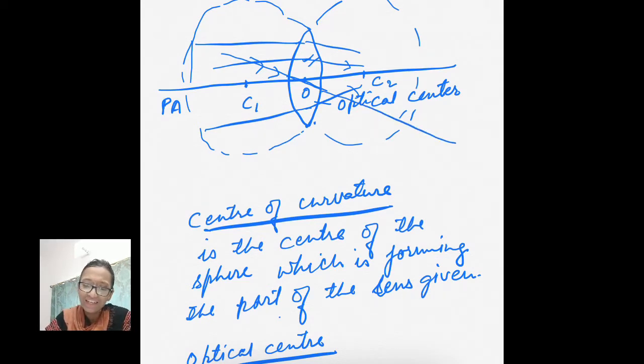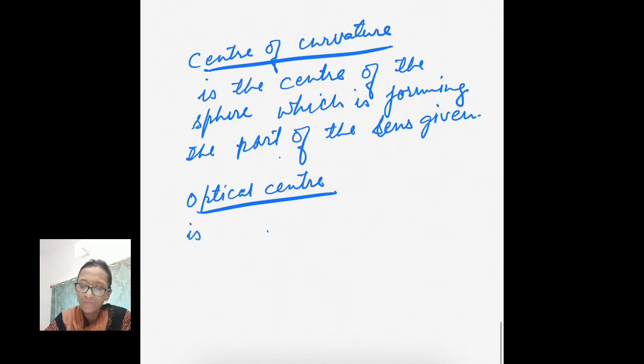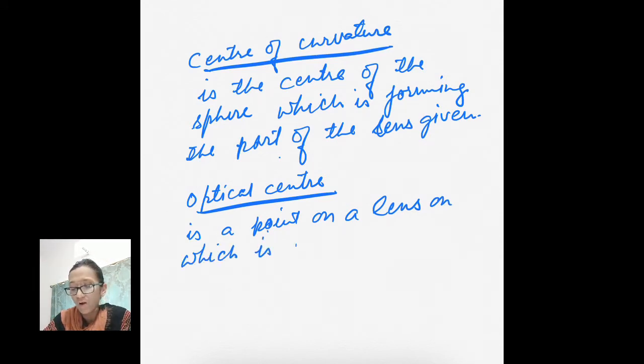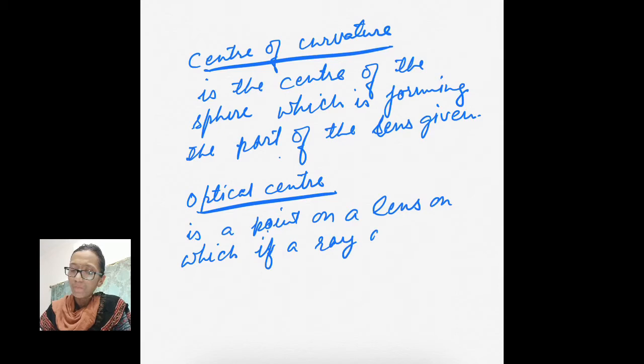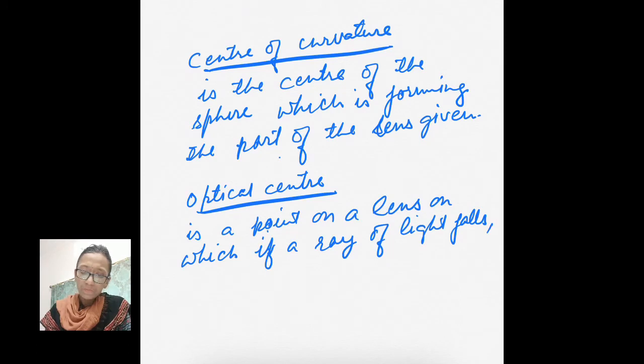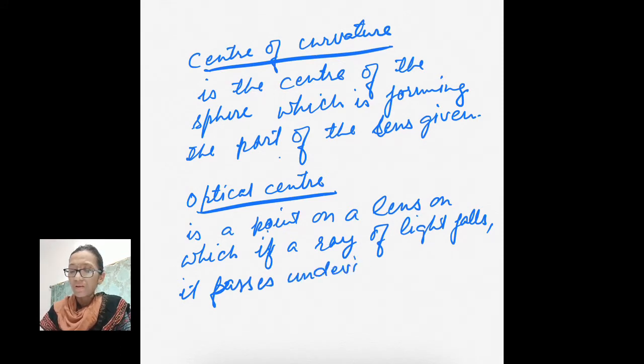So optical center is a point on a lens on which, if a ray of light falls, it passes undeviated without being bent.